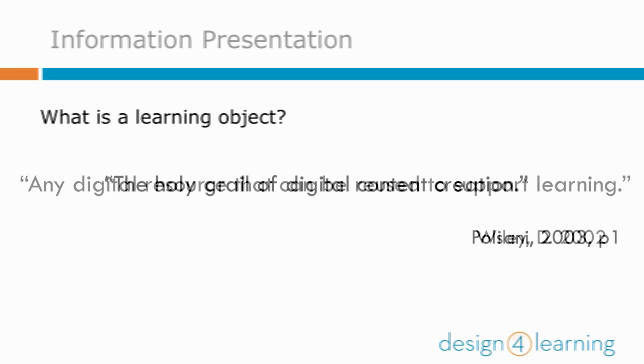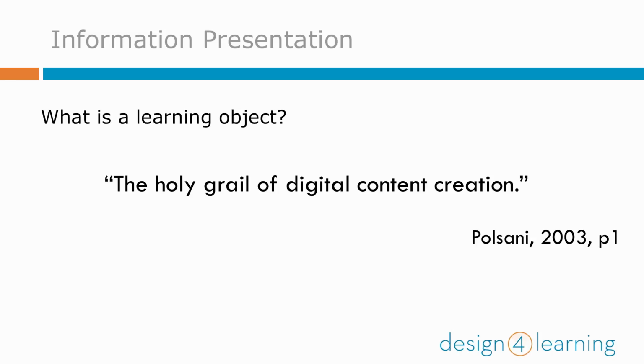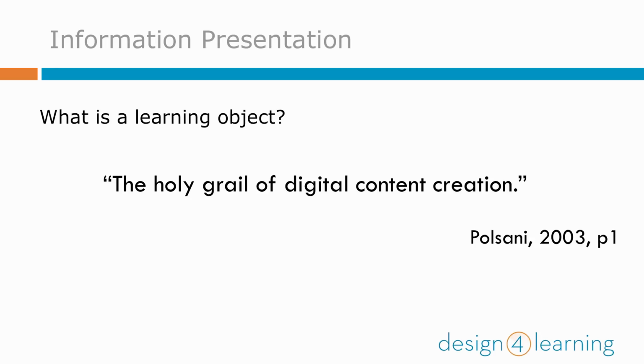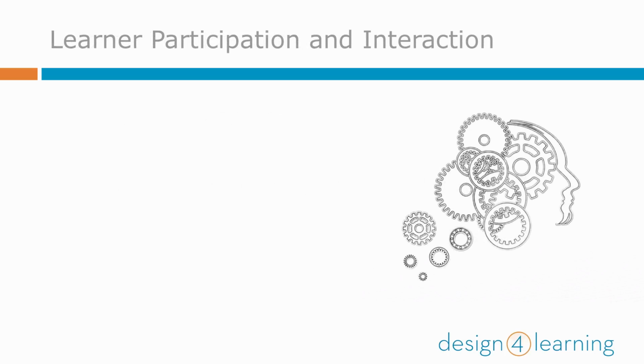So we'll use the term learning objects on your instructional design template. We'll take a look at an example of what comes together in Step 5. But first, let's consider another element of Step 5, learner participation and interaction.